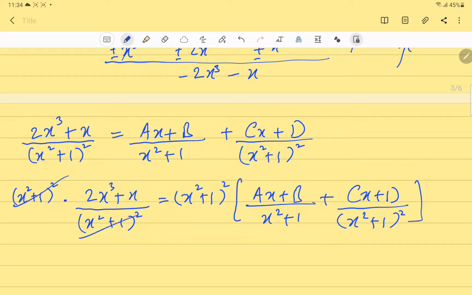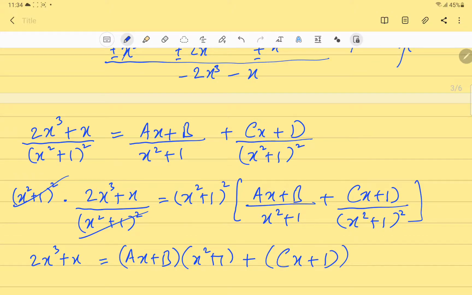This cancels with this and we are left with 2x cubed plus x is equal to, now we will multiply (x squared plus 1) whole square with both the terms inside the bracket. So we will be getting (ax plus b) into (x squared plus 1) plus (cx plus d).